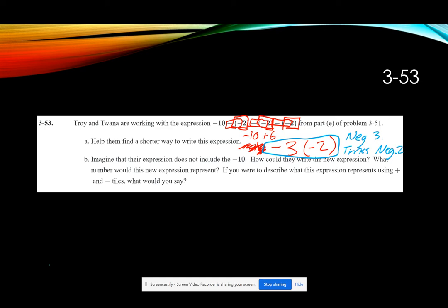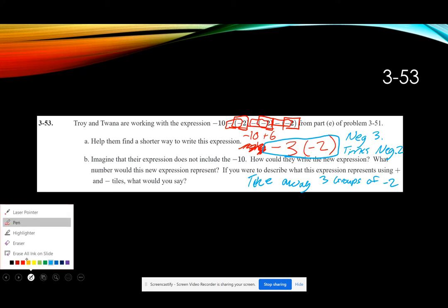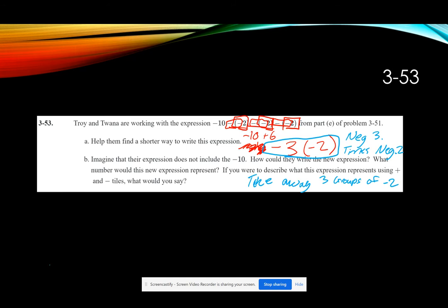Or take away 3 groups of -2. So now I'm going to show this using tiles. And what I'm going to do is put 3 groups of -2.